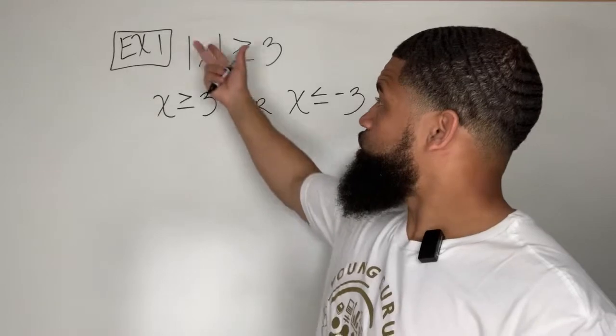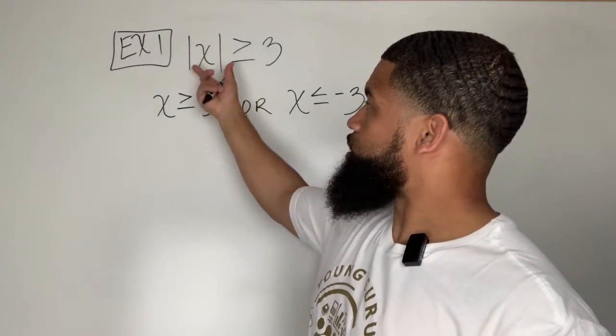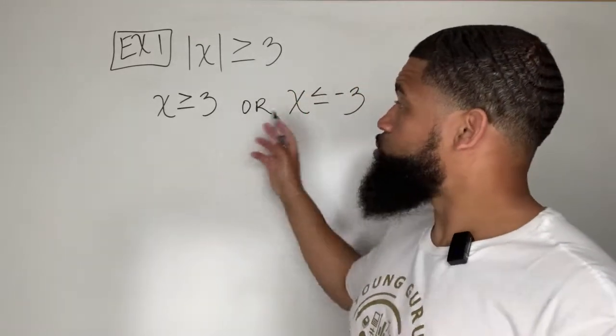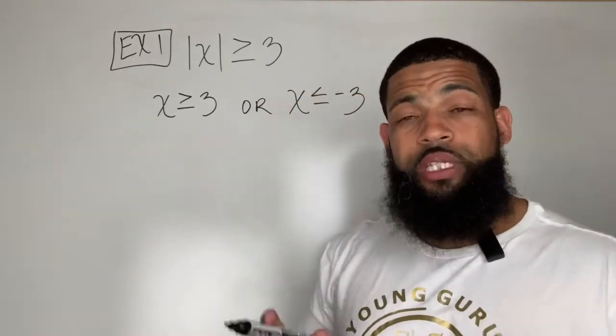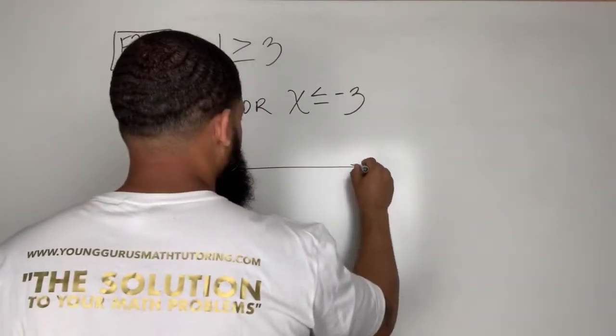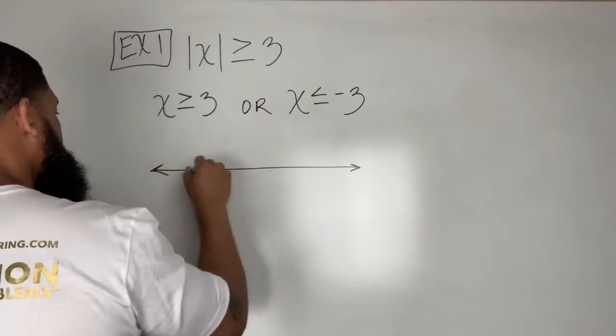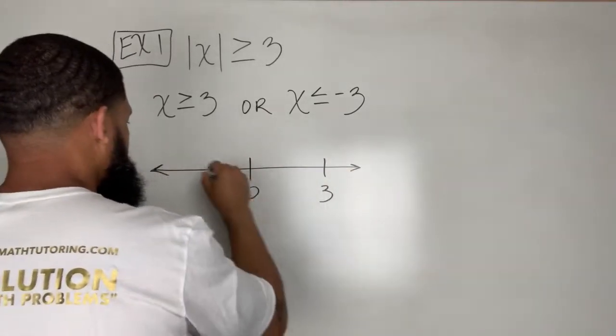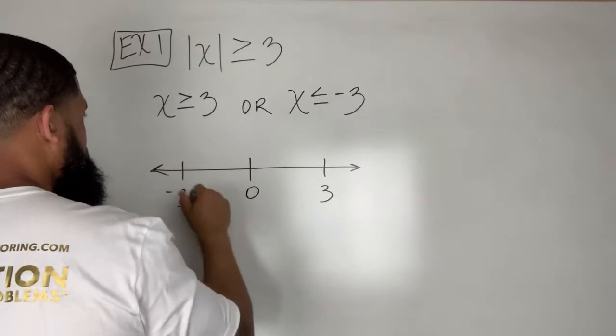In this case, there's nothing to solve simply because this absolute value symbol just has the variable in it by itself. So these are our two solutions. Now, we can graph this solution by simply having a number line. Let's put 0, +3, and -3 on there.